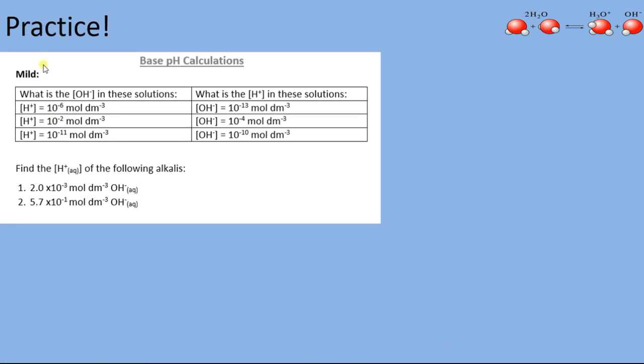Practice time now. Easy questions, right? Let me just have a look here to see anything else that you need to know before you can attempt these. I don't think there's anything here. So you have to just find the hydrogen ion concentration using the ionic product of water. I suppose you can do this.